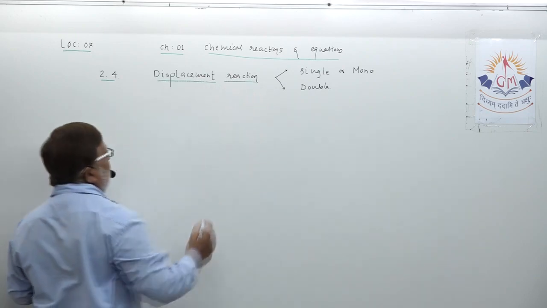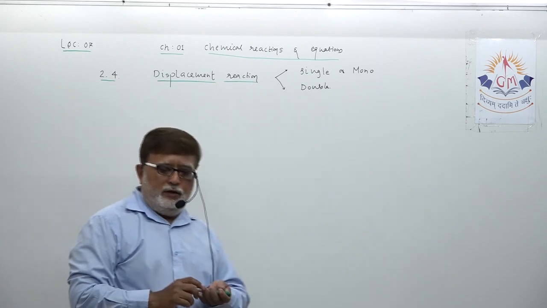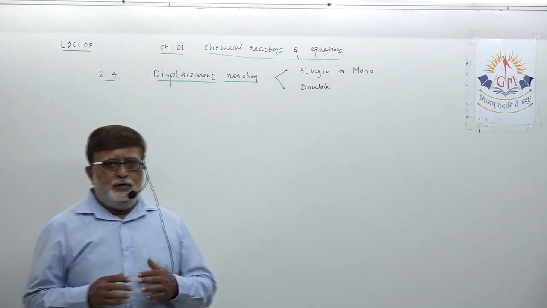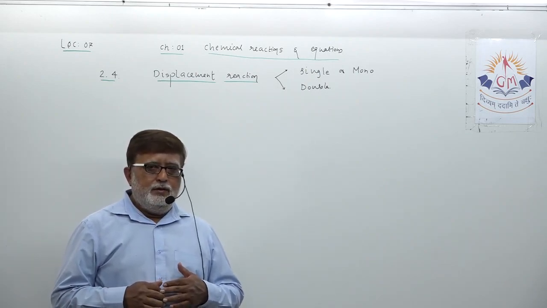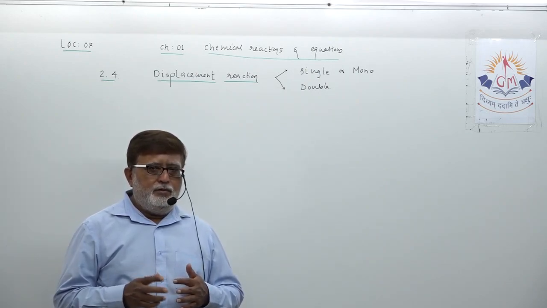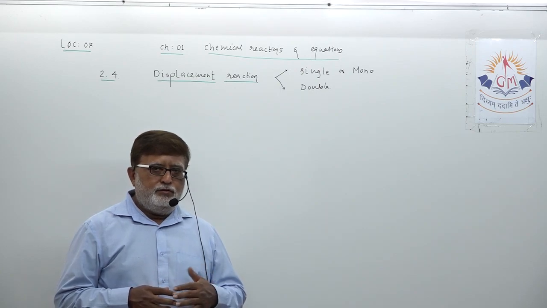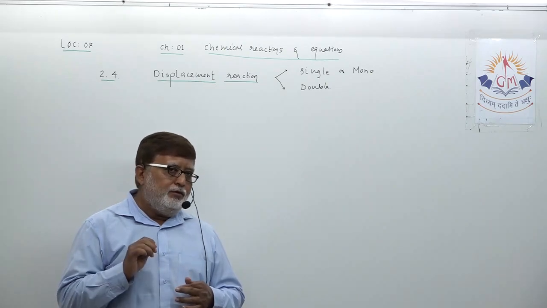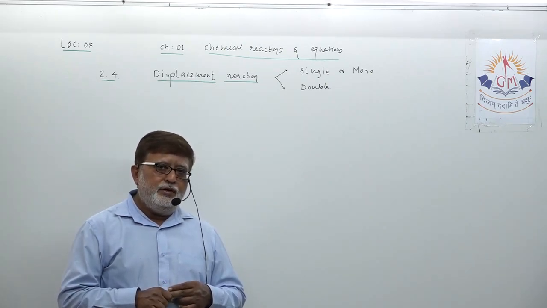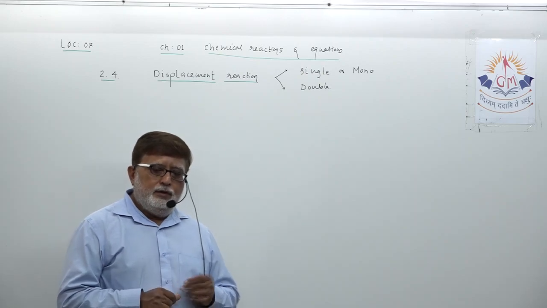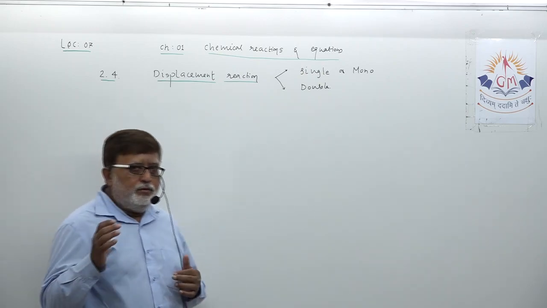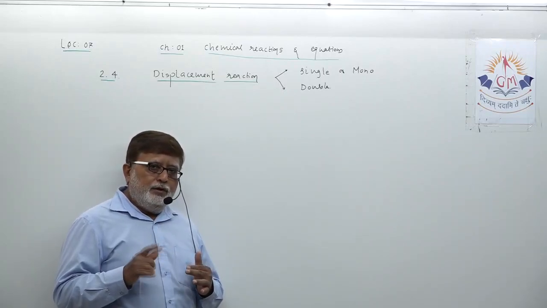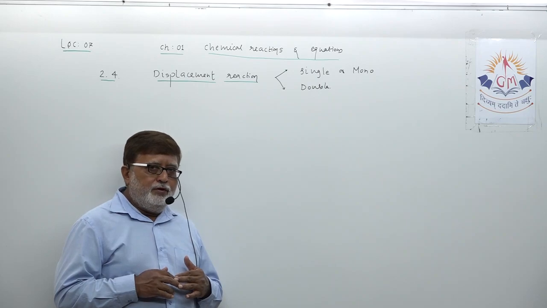What do you mean by displacement reaction? The name itself, I think, is giving you some idea. Displacement, the word looks like substitution reaction. Understand, displacement reactions are totally based on the difference in reactivity of different metals.